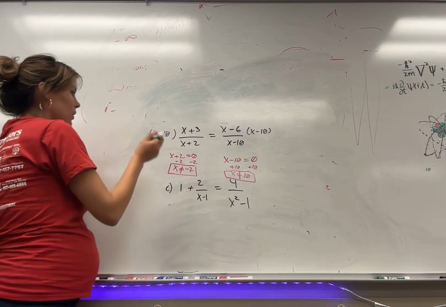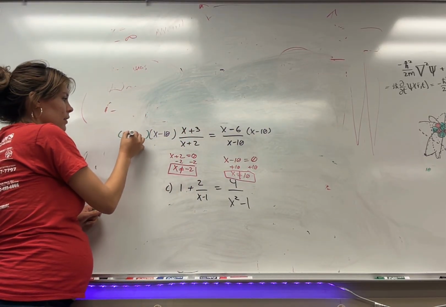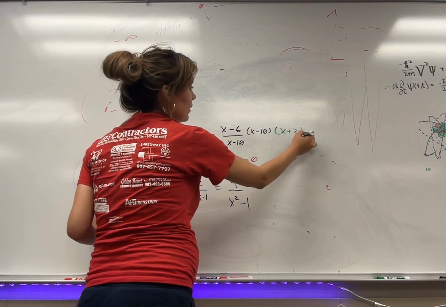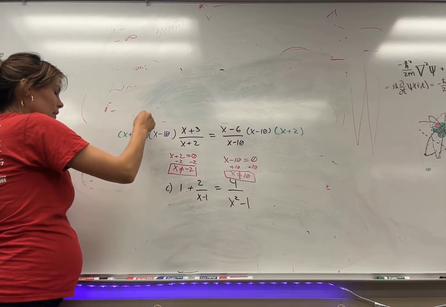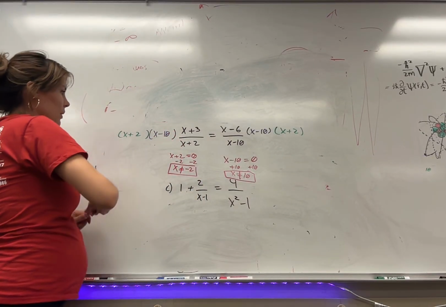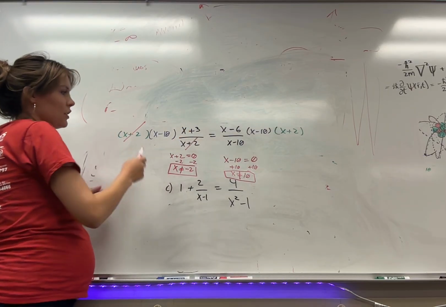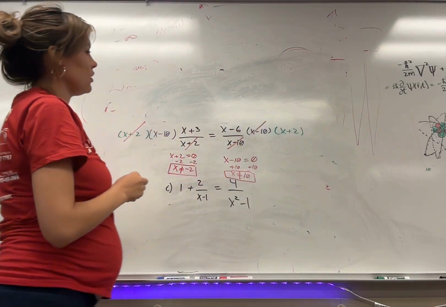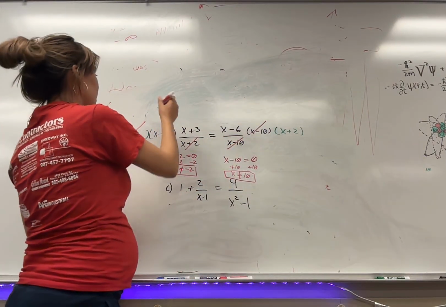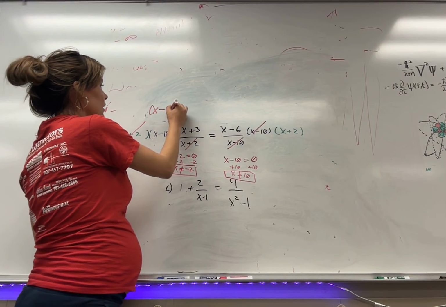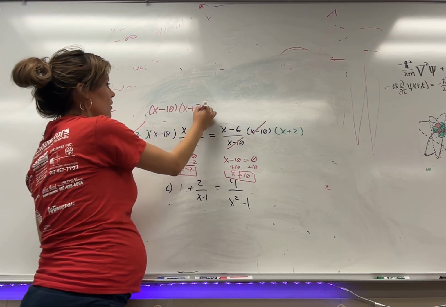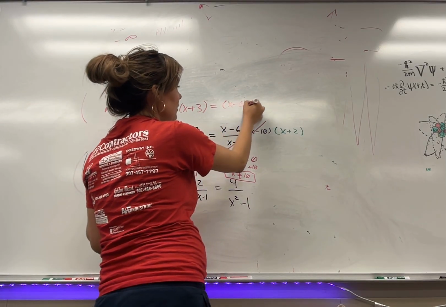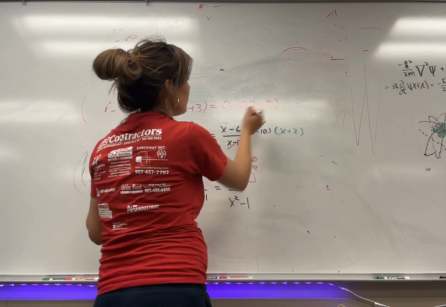So let's also multiply top by x plus 2. And we have to do it to this side as well. And what this gives is over here, we have the cancellation of those terms because that just equals 1. That becomes a factor of 1. And over here, we have a cancellation of those. That just equals 1. Becomes a factor of 1. And what we're left with is x minus 10 times x plus 3 is equal to x minus 6 times x plus 2.